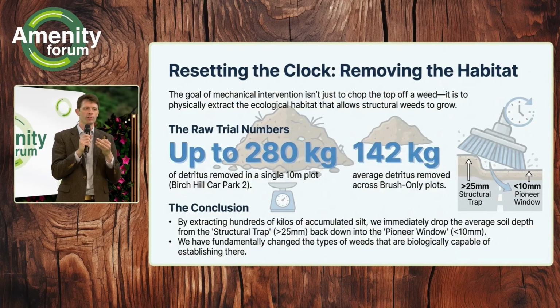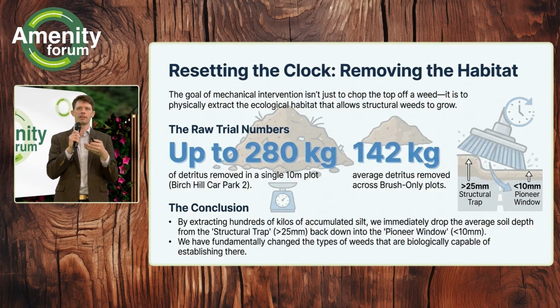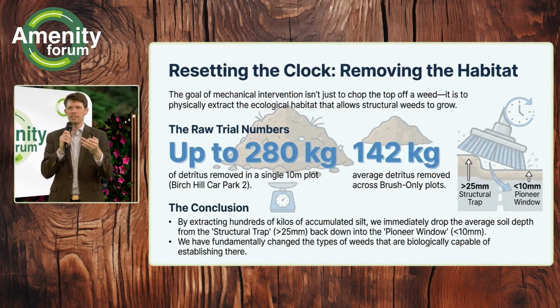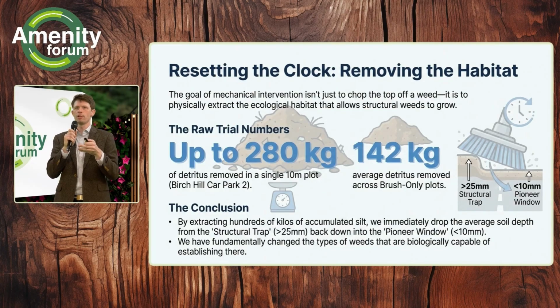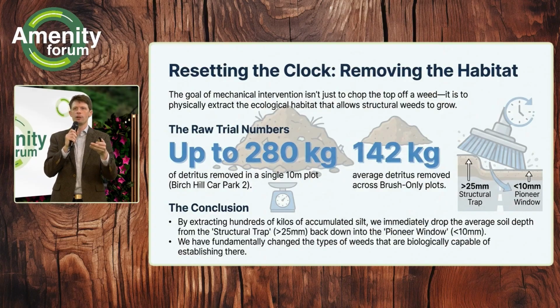Another thing we got out was we measured the amount of soil we were taking off, and I think some of that's quite staggering, really. These weren't sites that looked overly messy to begin with, but on one of them, a single 10-metre plot, we removed 280 kilos of soil. In 280 kilos, you can grow a massive amount of weeds.